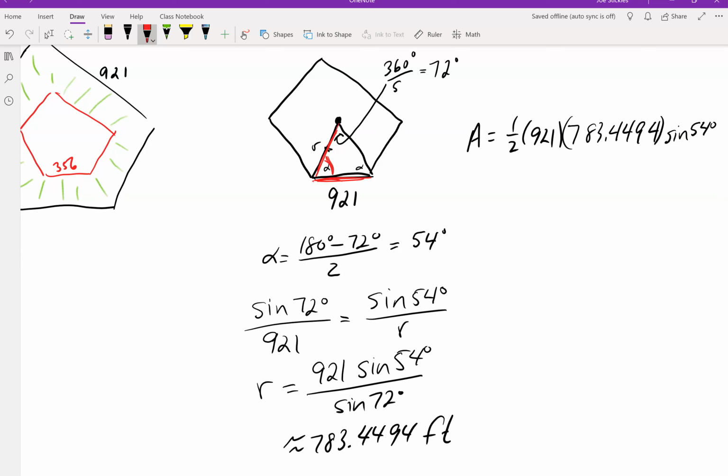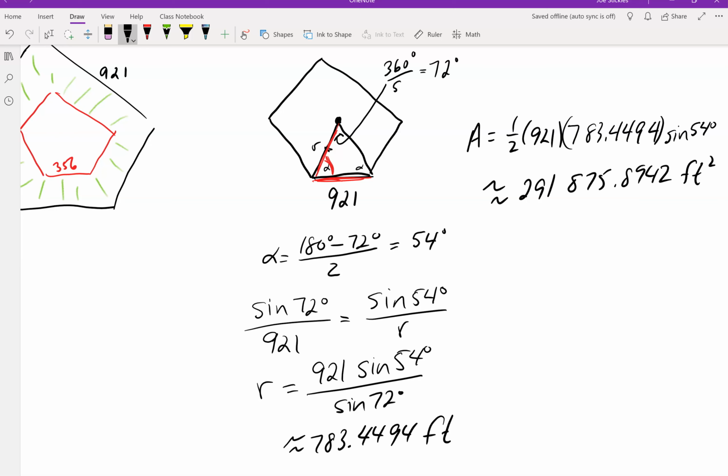So if I do 1/2 times 921 times that 783 number times the sine of 54, we get 291,875.8942 square feet.